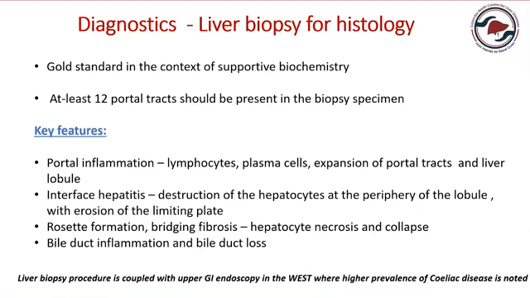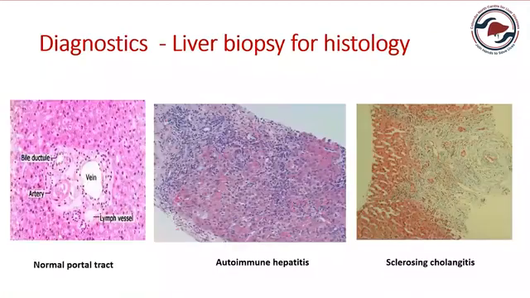So these pictures would give you more insight into how the liver would be in autoimmune hepatitis and sclerosing cholangitis. On your left-hand side, you would see a normal portal tract, which consists of a branch of the portal vein, a branch of the hepatic artery, and a branch of the bile duct, which is a bile duct tube. In the second picture in the middle, you can see autoimmune hepatitis with mononuclear infiltrates, where you can see a lot of bluishness in the area, and you can see a bile duct here and around which also there is inflammation.